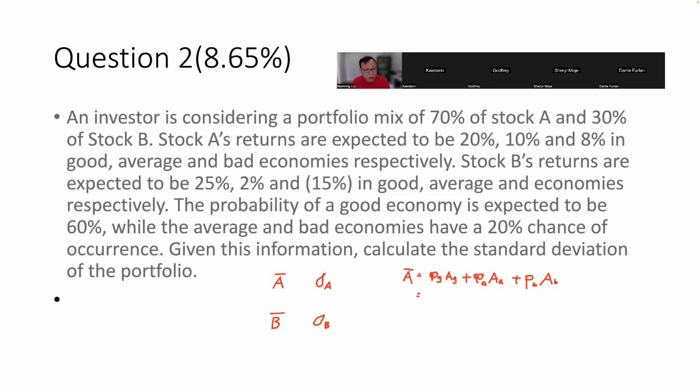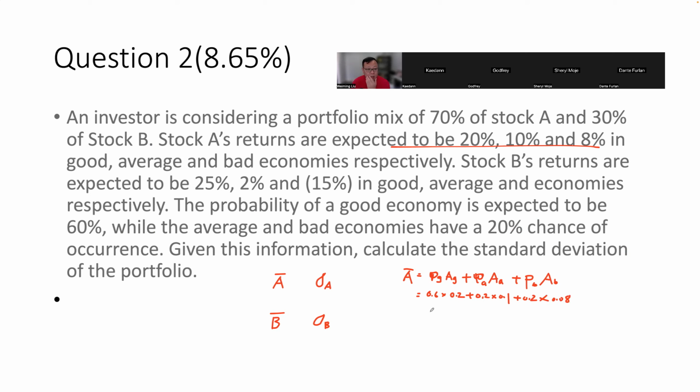So A bar equals the probability of good condition. For A, we are talking about stock A. The good economy 60%, 20%, 20%. So this is 0.6 times A's return, which is 0.2, plus 20% times 10% plus 20% times 0.08.